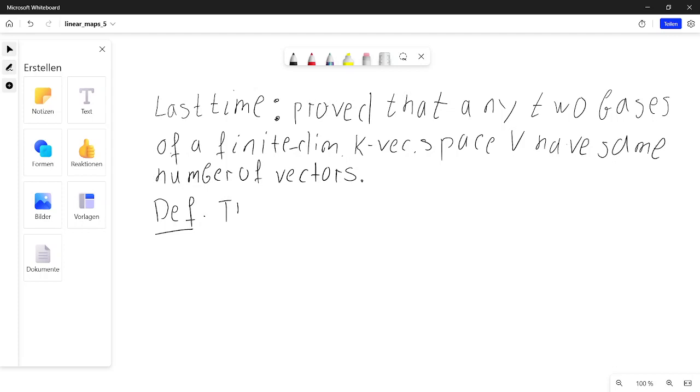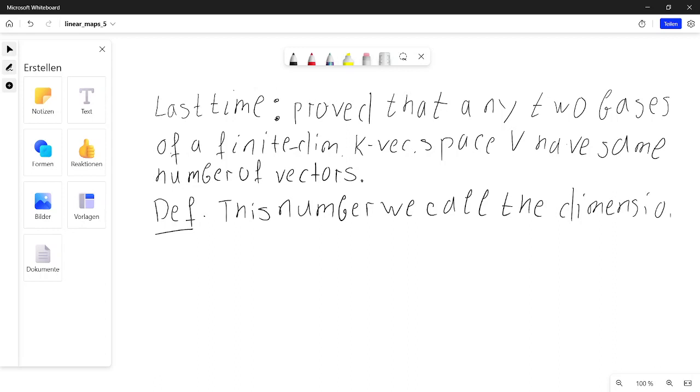Definition: this number we call the dimension of the vector space V.